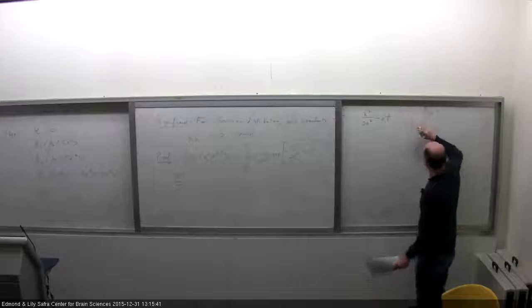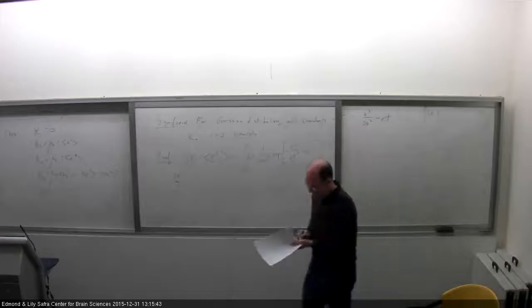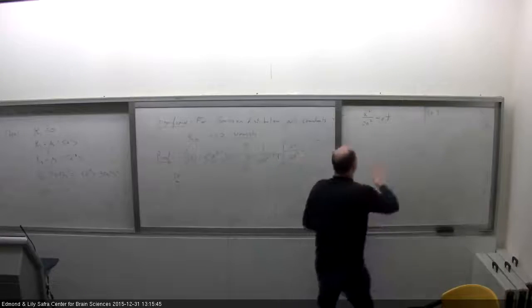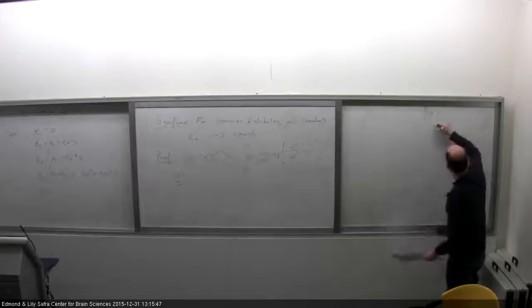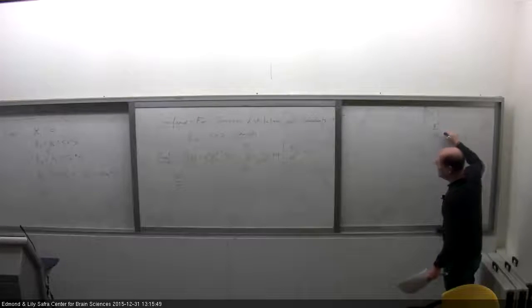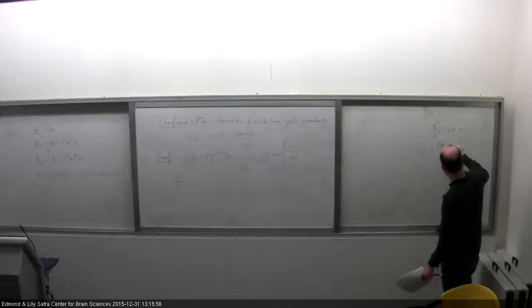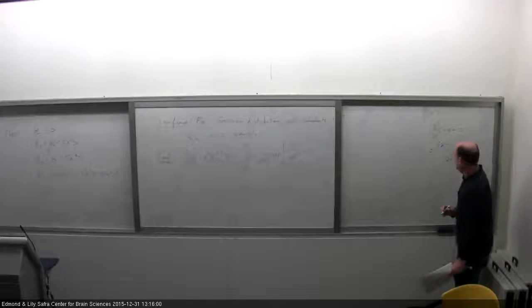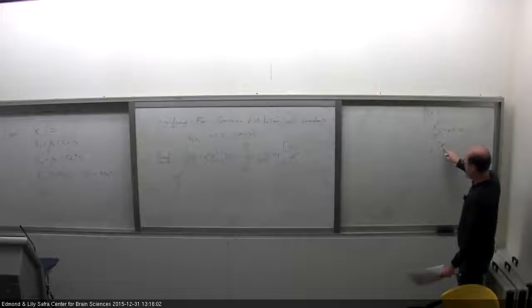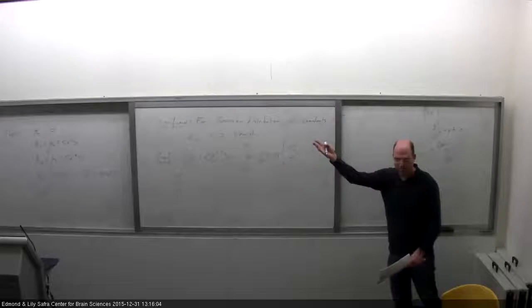And I want to write it as x minus something, squared, divided by 2 sigma squared, plus something which will not depend on x, because then I can just take it out of the exponent.